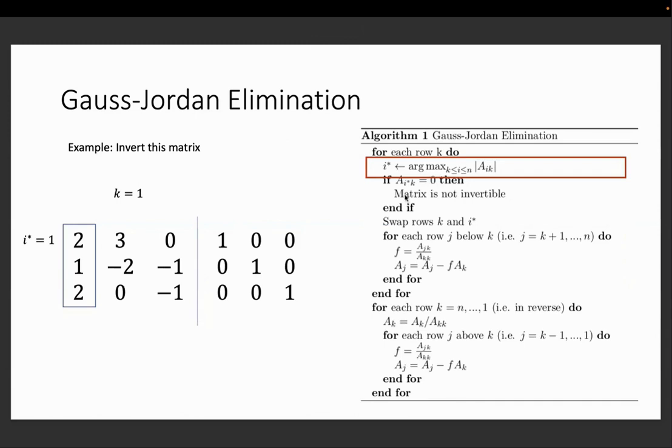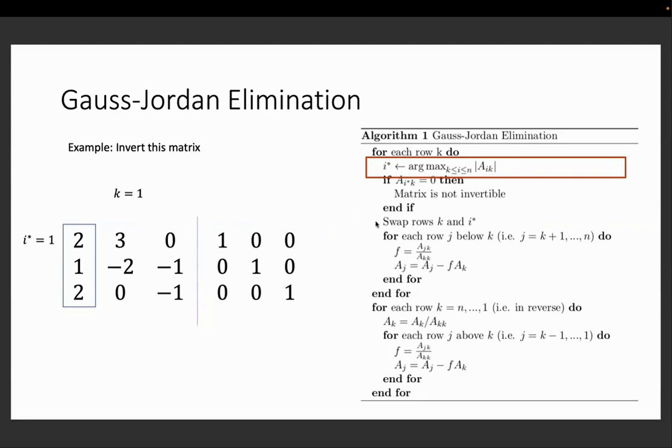If we find that this element is equal to 0, we can conclude that the matrix is not invertible. Otherwise, we just go to the next step. So then we swap rows k and i star. Here i star is equal to k, so we swap the row by itself, and we can do that.